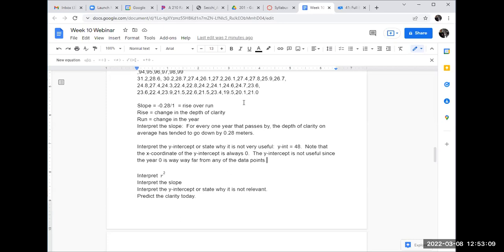So age versus how fast. Yeah, newborns don't drive. When you give birth to a baby, that baby does not jump in front of the car and start driving. Okay, so it makes no sense to have a y-intercept. The number's there, but it doesn't have any meaning. Does that make sense? So that's just a note. Sometimes it does have a meaning and sometimes it doesn't.